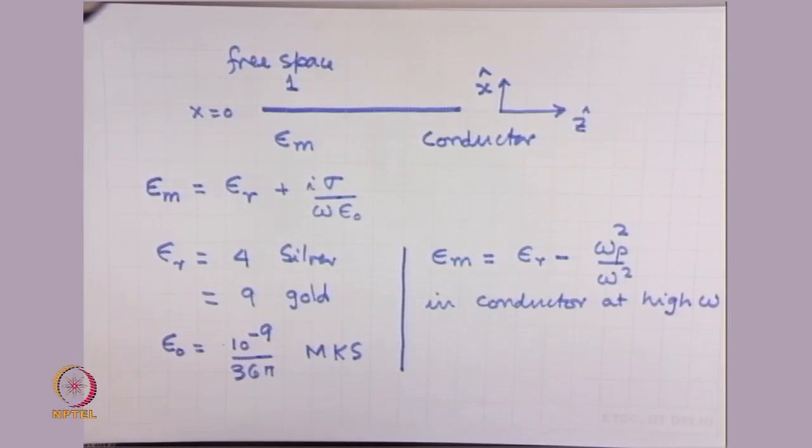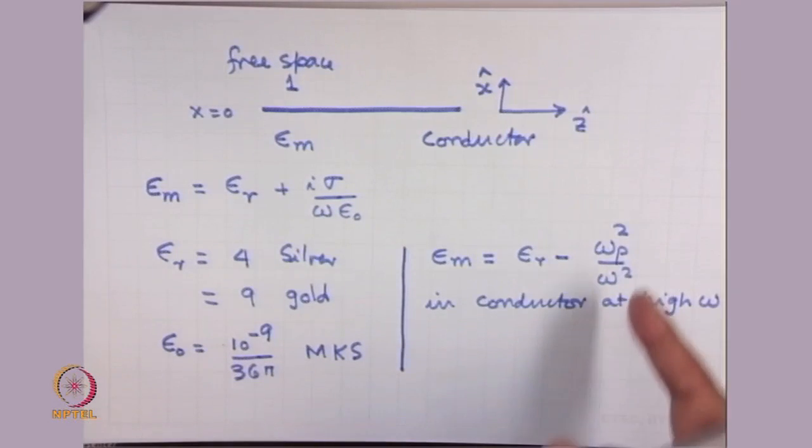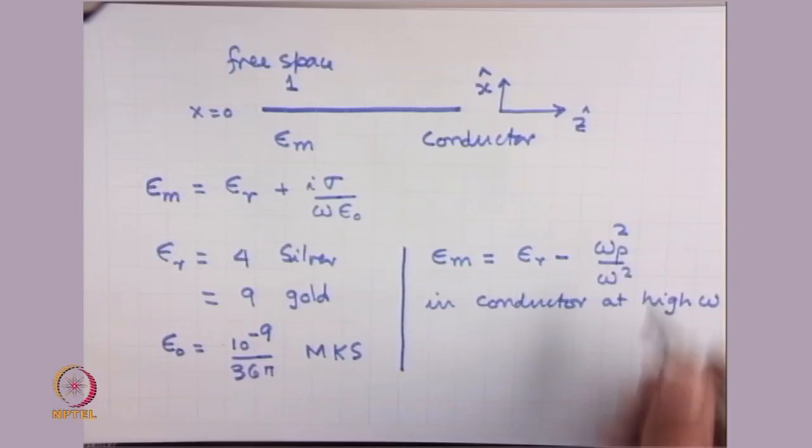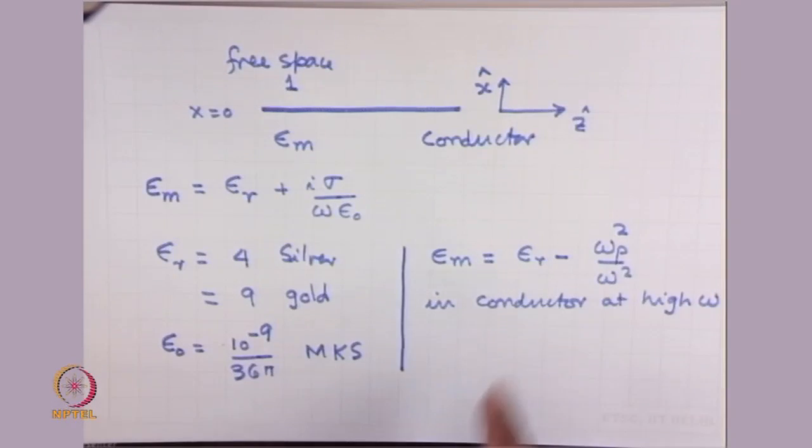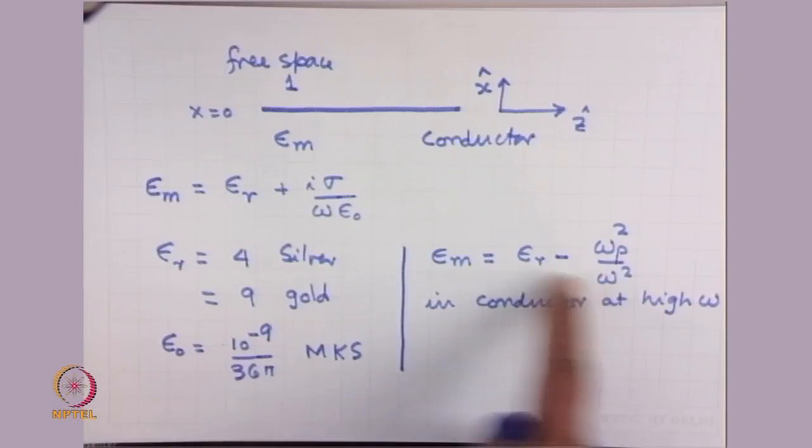If collisions are ignored; if one includes collisions, then there is a factor that can be multiplied. But a lot of interesting physics can be understood if I take this real expression for epsilon m.